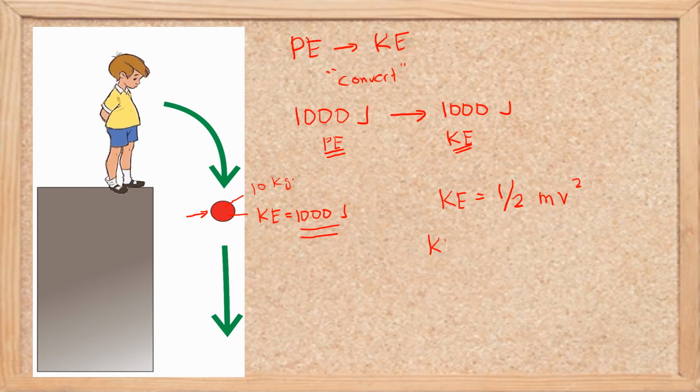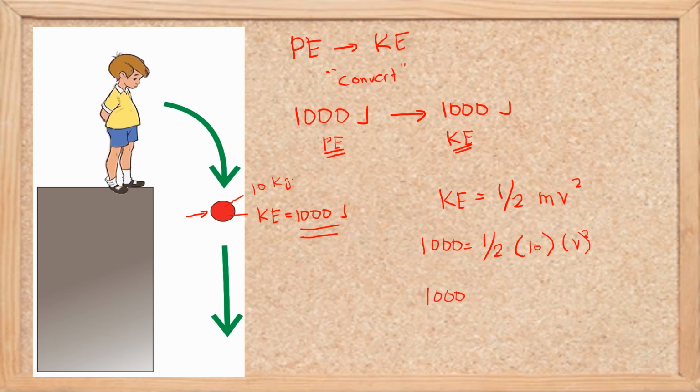So kinetic energy will be 1 half multiplied by 10, and then v squared, where our kinetic energy here is 1000, right? So 10 multiplied by v squared multiplied by 1 half, that will be 10 v squared divided by 2.